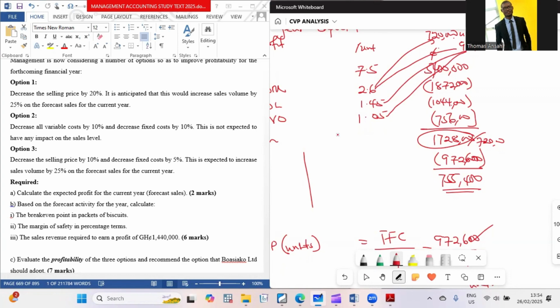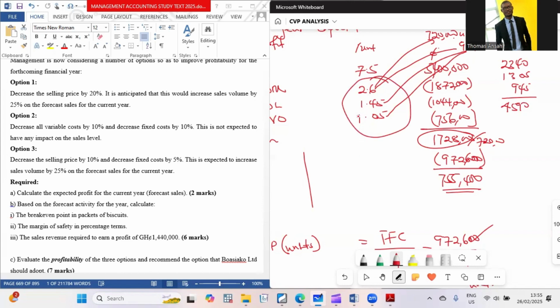All right, so let's try that. The 2.6 by 900 alone gives me 2340. 1.45 by 900 gives 1305. 1.05 by 900 gives 945. Total 4590. Now let's do some mathematics here.